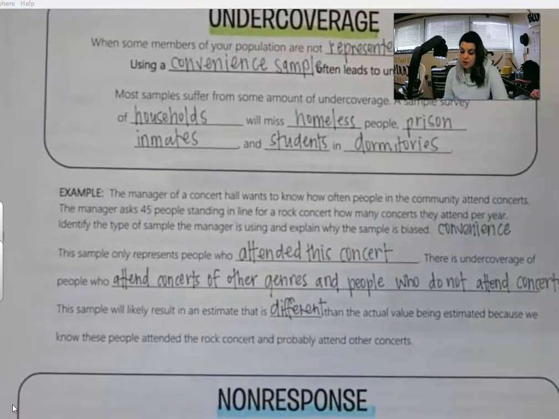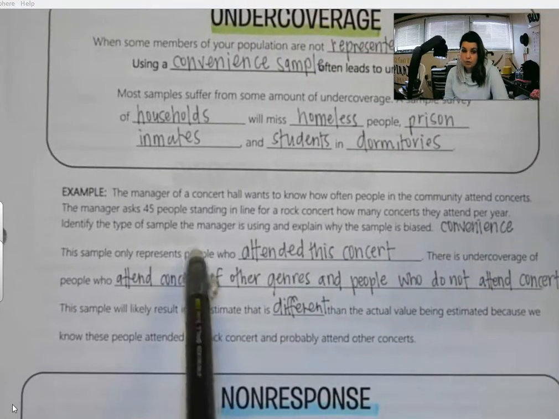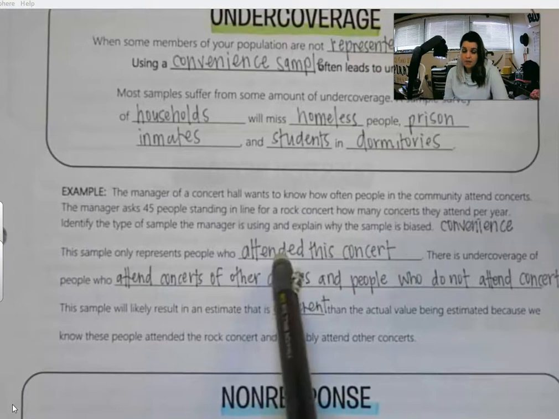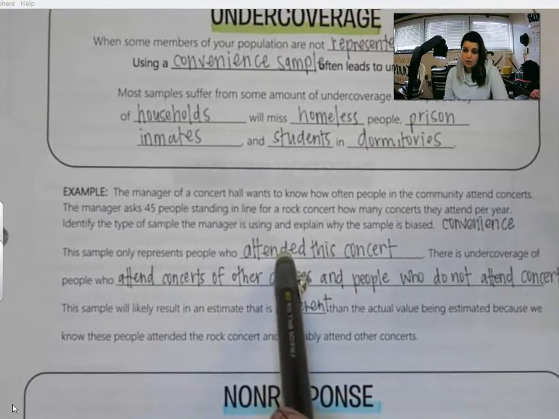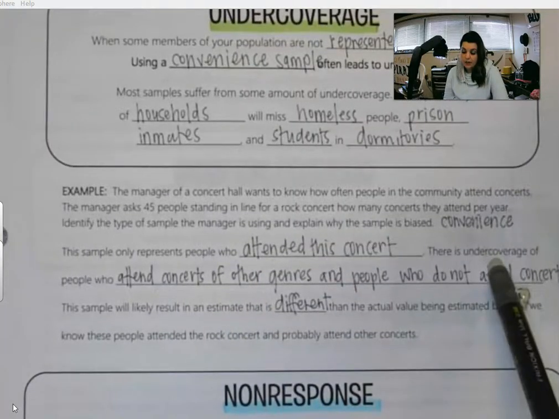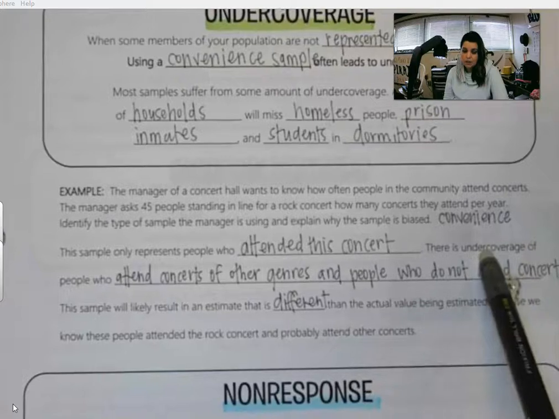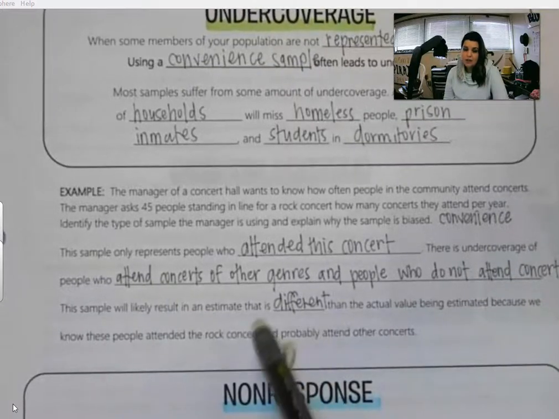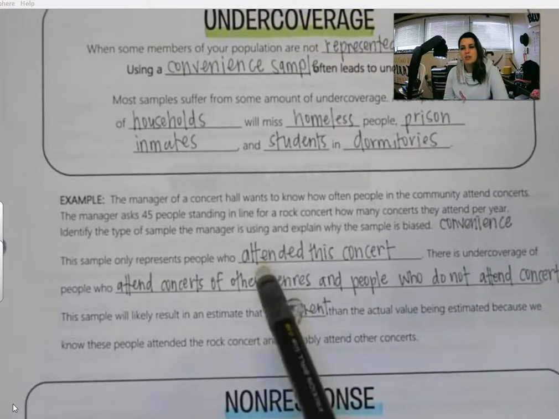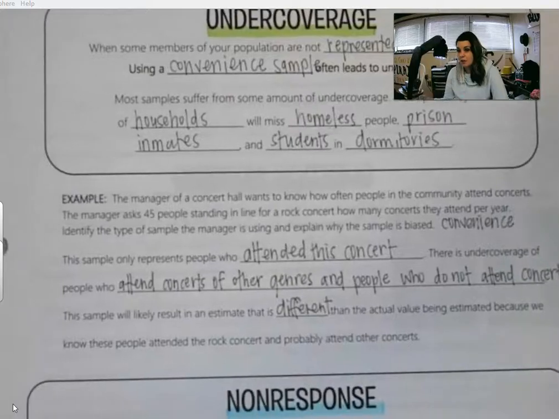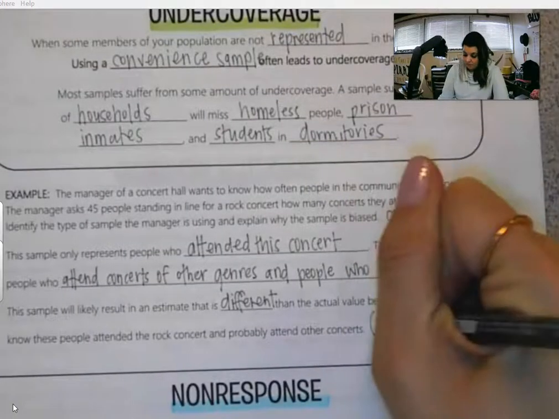Notice in this response that I'm addressing the issue. So why this doesn't represent the population, the specific bias, it's undercoverage. And I'm telling you which direction the bias would, well, I'm not telling you which direction. I think it would be an overestimate, but I definitely know it'll be different.